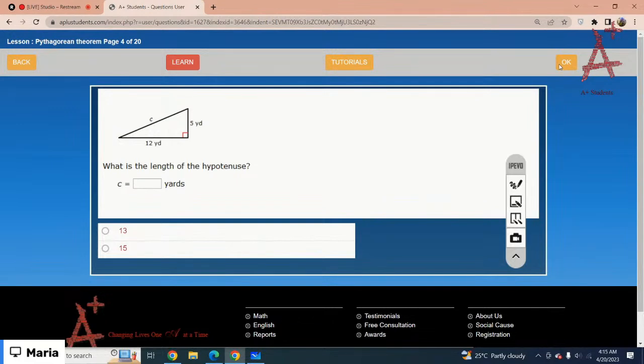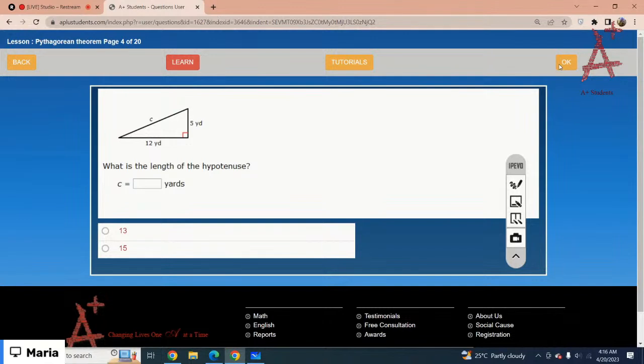So you have to find the hypotenuse. You are given the other two side lengths, so just add their squares. 5 square is 25 and 12 square is 144. So it would be 25 plus 144.